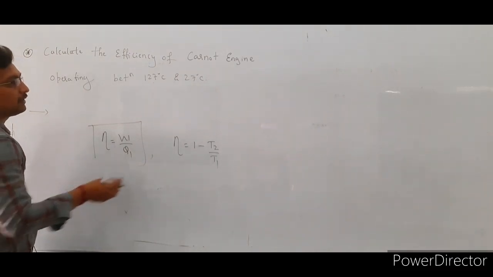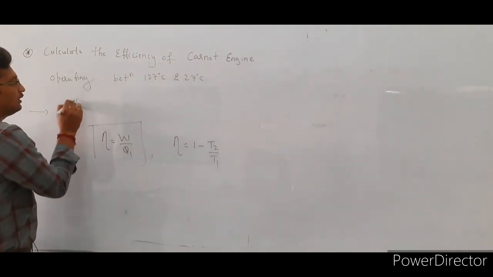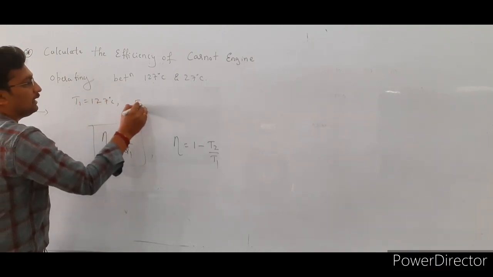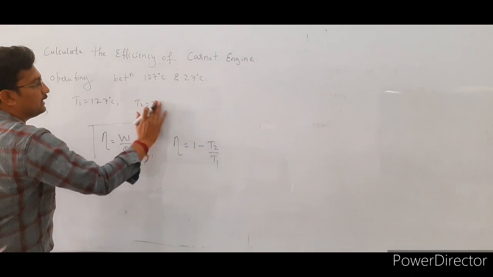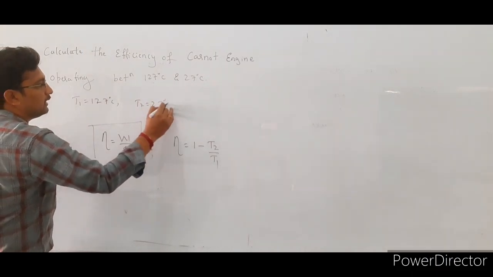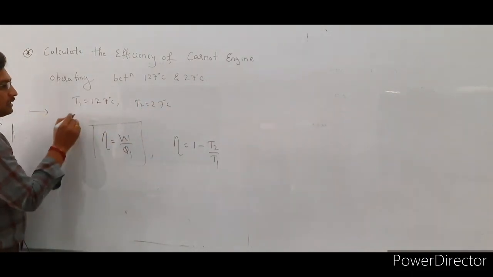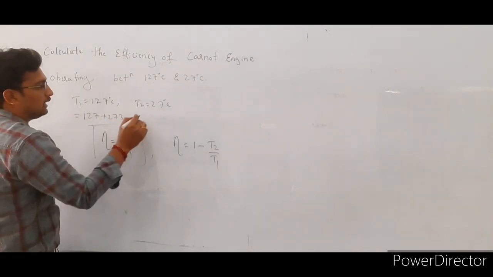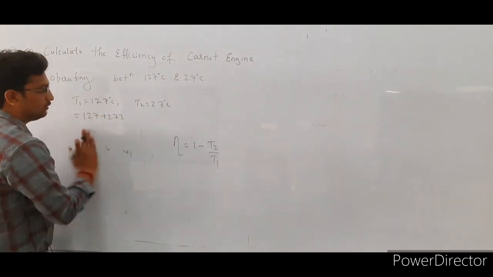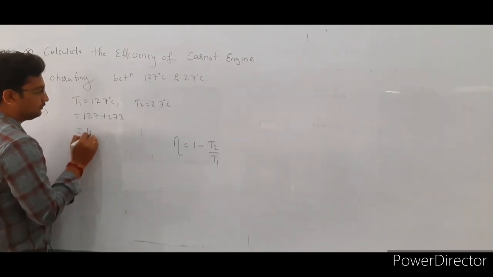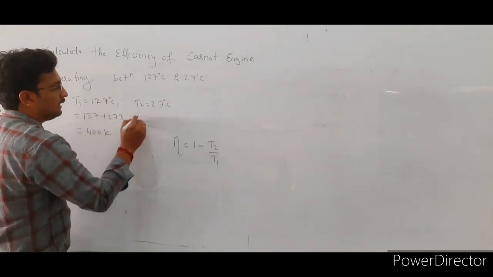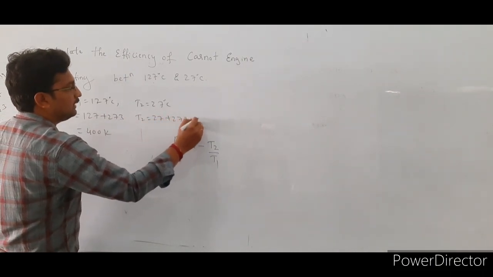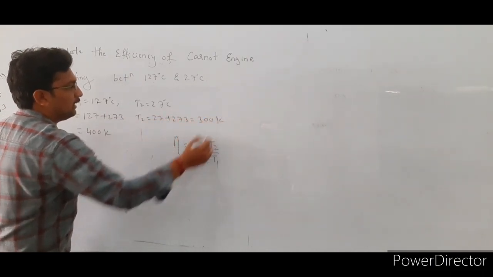In this case the temperatures are given, so this is the T1 and T2 value. T1 is 127 degrees Celsius and T2 is 27 degrees Celsius. Convert this into the Kelvin scale: 127 plus 273 is equal to 400 Kelvin, and T2 is 27 plus 273, that is 300 Kelvin.